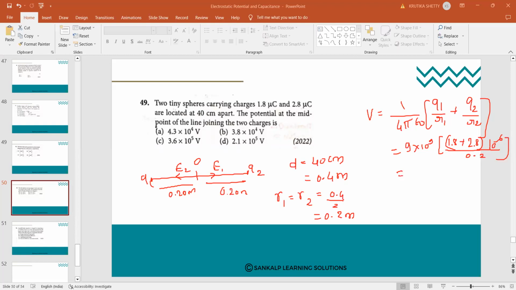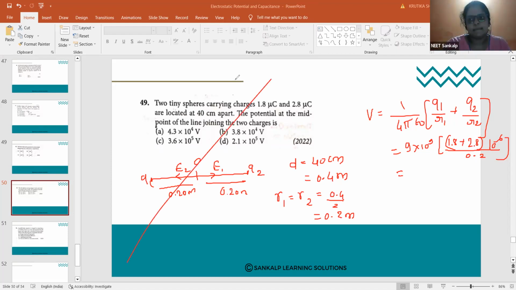So simplify, check the answer. Yes, students, what is the answer?